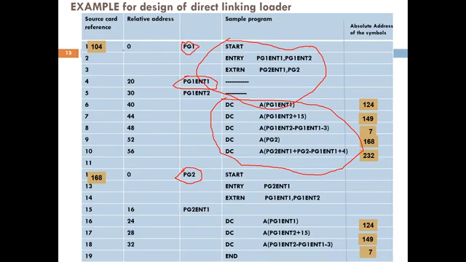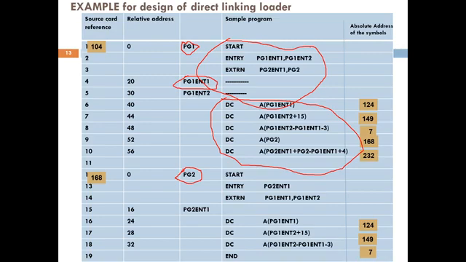How is that? 104, your loading address, plus 20, gives you the address for PG1ENT1, right? So now we have resolved the symbol. We know the meaning of it: PG1ENT1 means 124. We have found that. This process is called linking.